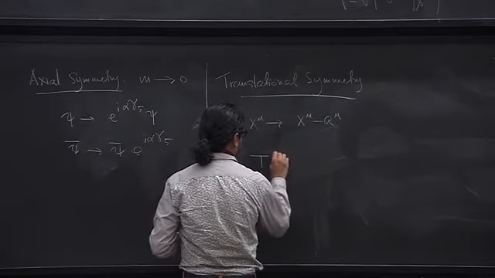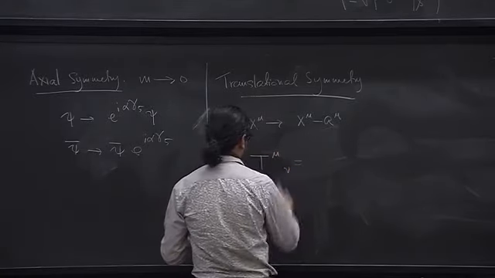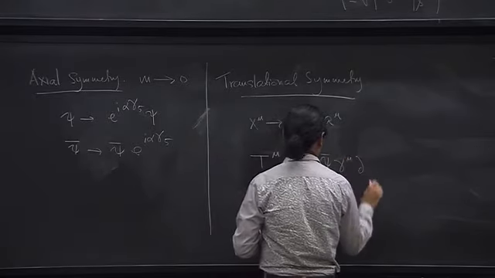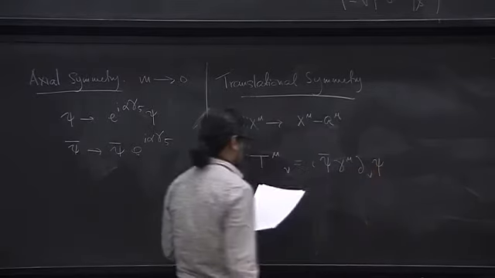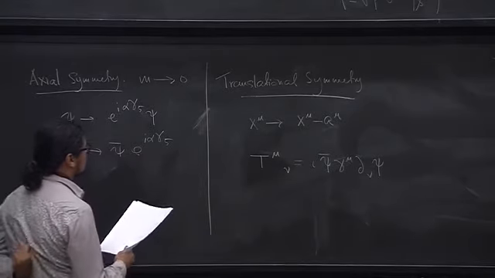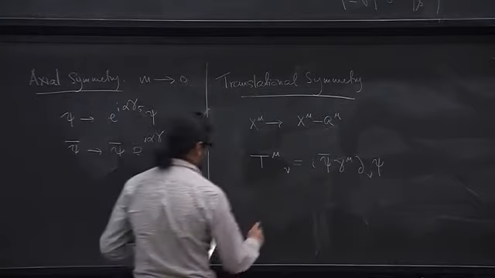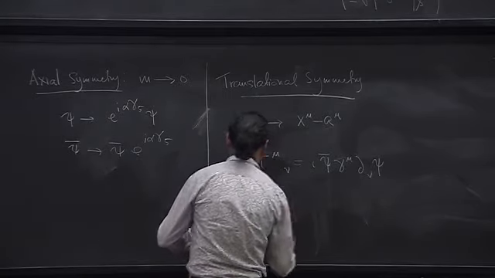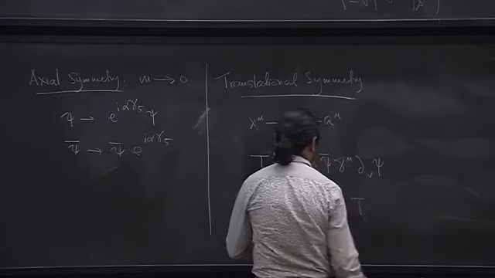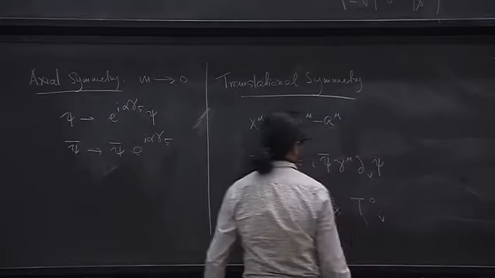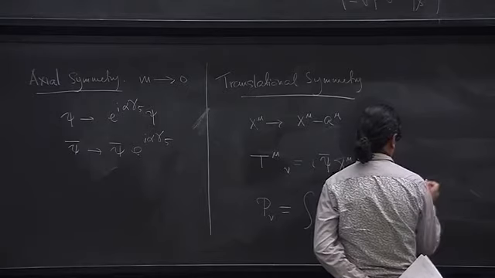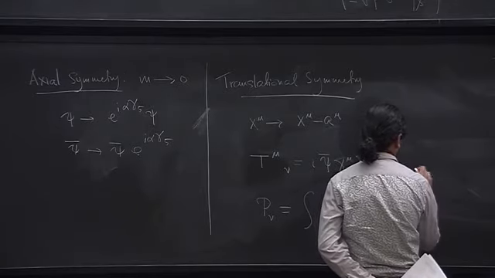So you have 4 conserved currents, so it actually becomes a tensor. And these are the conserved currents. If you take the 0th component of each of these conserved currents and integrate them over all space, you get a 4-vector, which is known as the energy momentum 4-vector. So this is what is known as the energy momentum stress tensor.